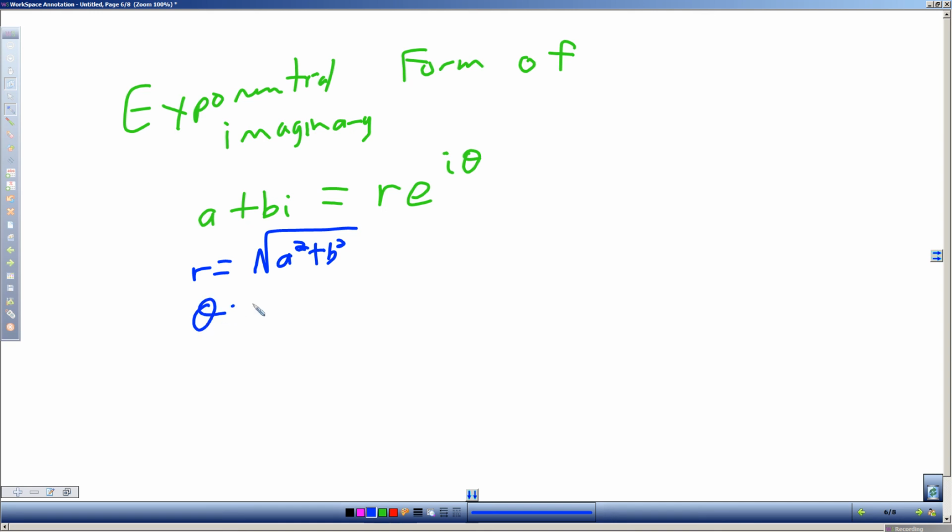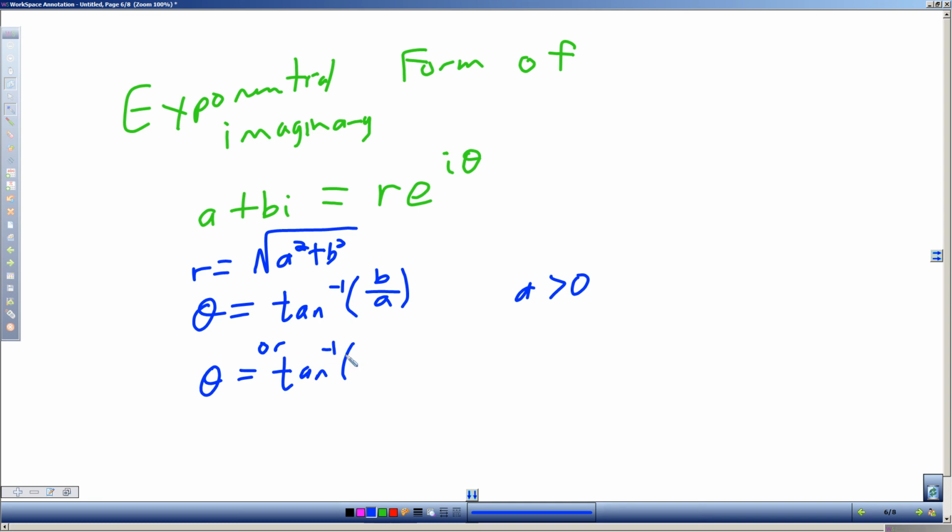And theta is equal to, where a is greater than 0, does this part look familiar?